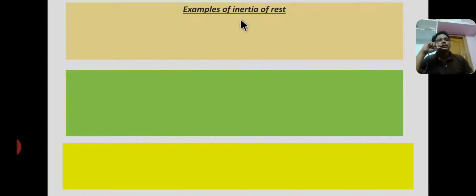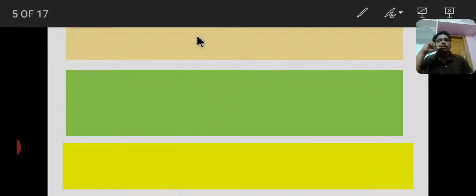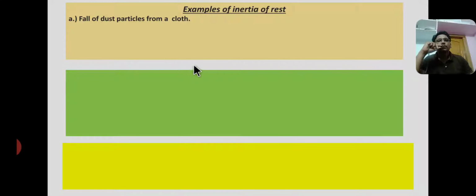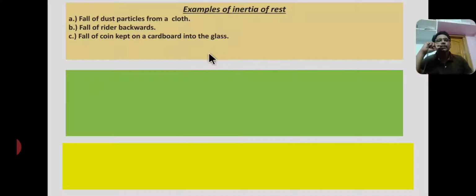Here are some examples of inertia of rest. First one is fall of dust particles from a cloth, and second one is fall of rider backwards. Third one, fall of a coin kept on a cardboard into the glass.